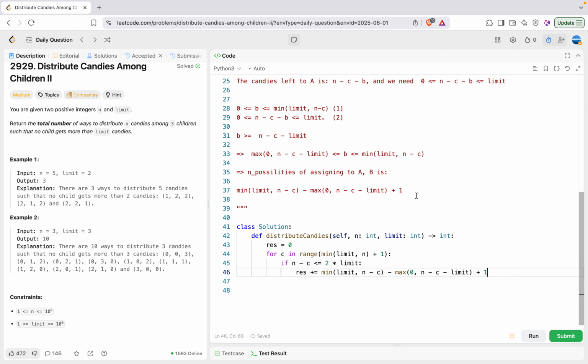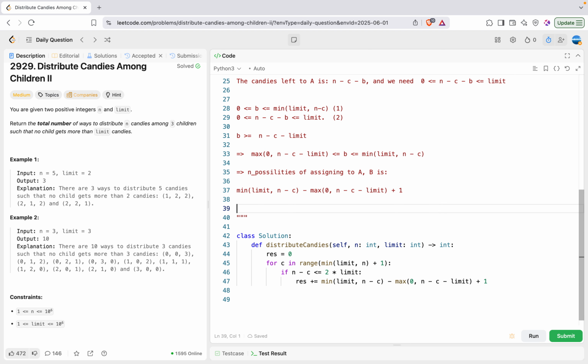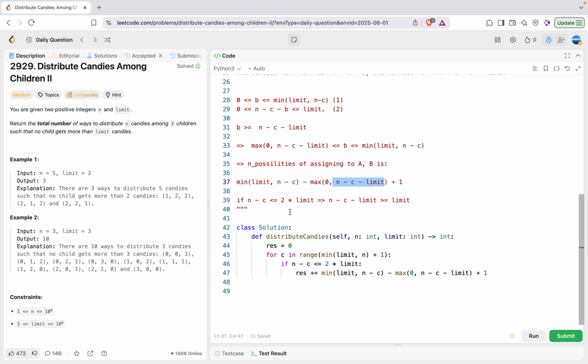Because if n minus c is less than or equal to 2 times limit, then n minus c minus limit is less than or equal to limit.